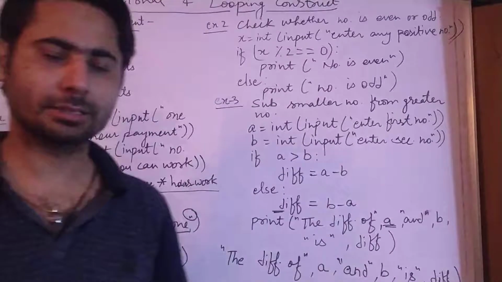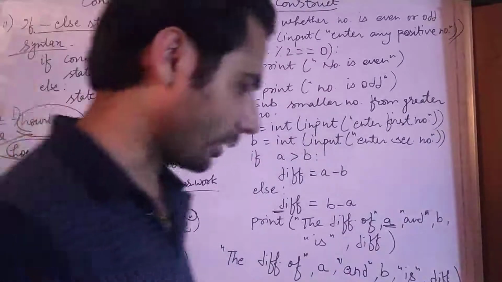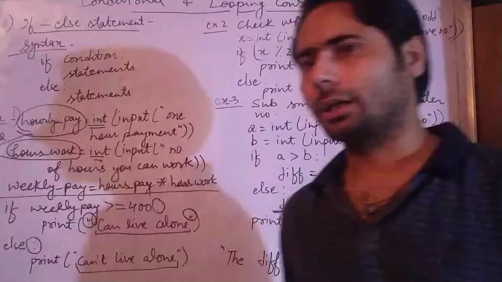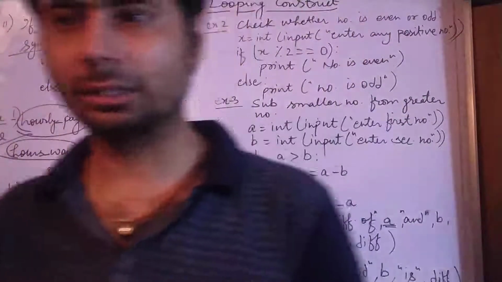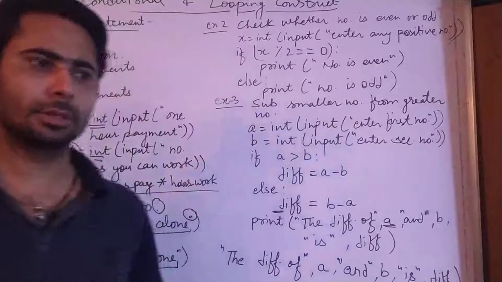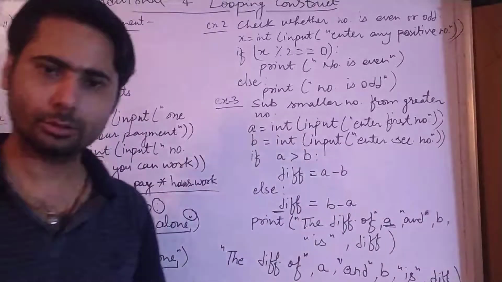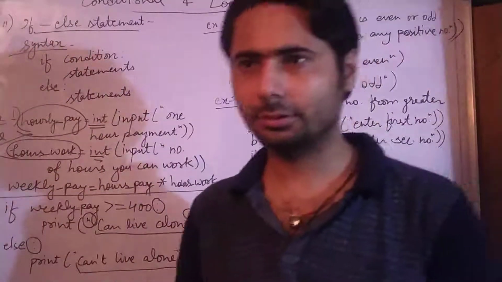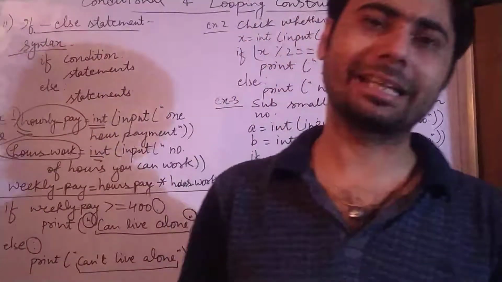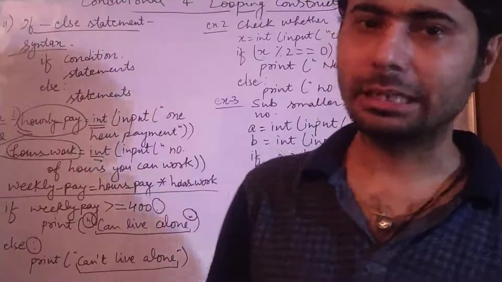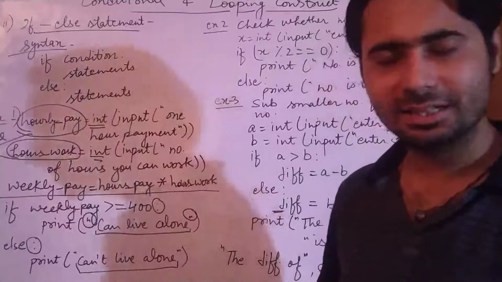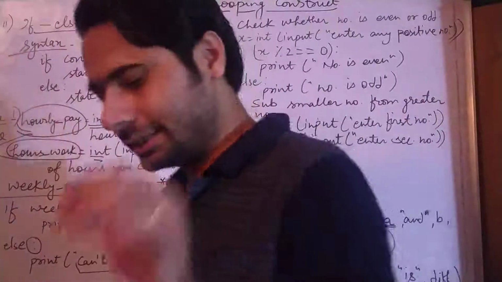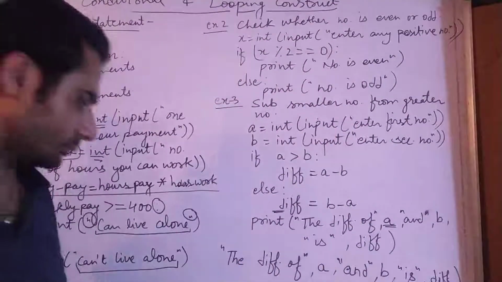Now try this program. Now write another program. Write a program in Python to check whether the given number is a buzz number or not. Now here is a word, buzz number.